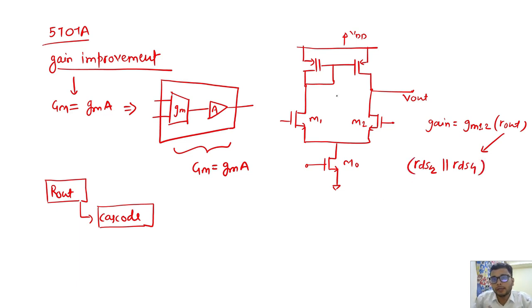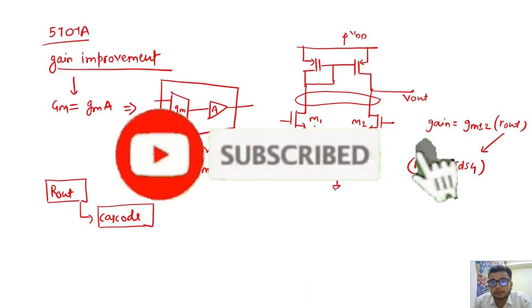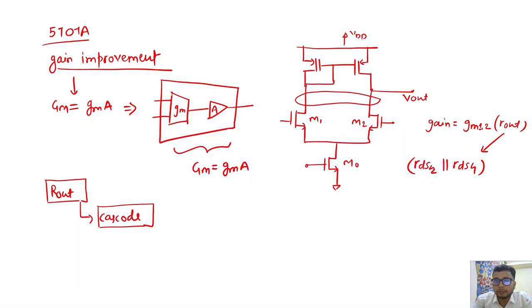So if I introduce some cascode device here, I can increase the resistance. How can this improvement be done?